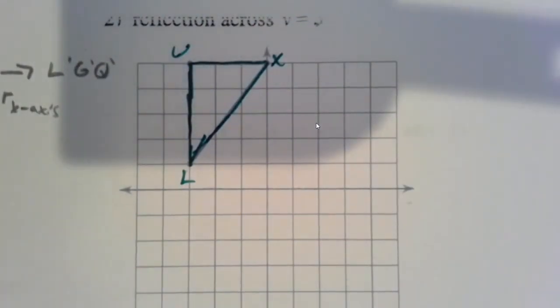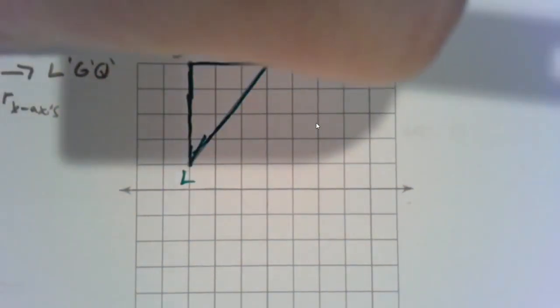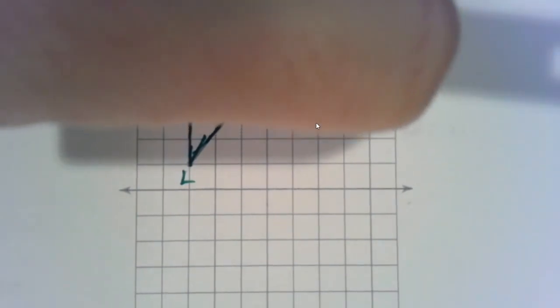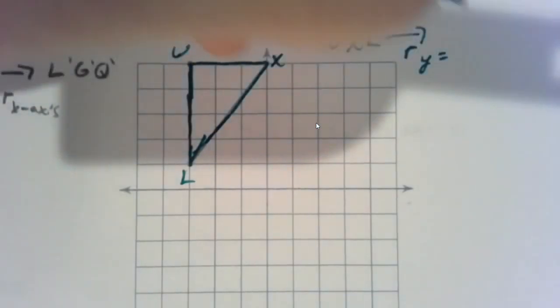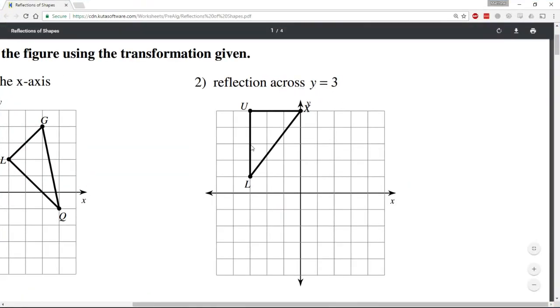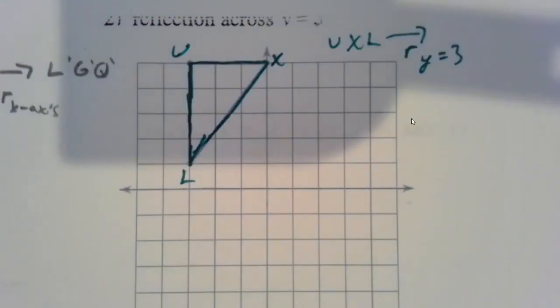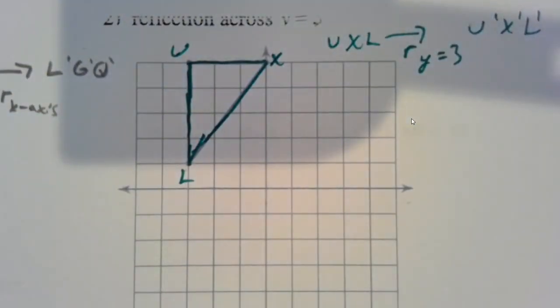All right, and I want to reflect, so I've got UXL, and they want us to do a reflection over the line y equals 3, wait, y equals 3 or y equals negative 3? Y equals 3. Over the line y equals 3, and that'll end up with U prime, X prime, L prime.